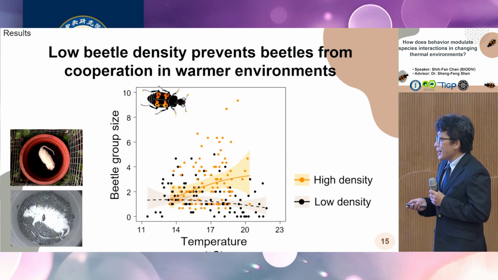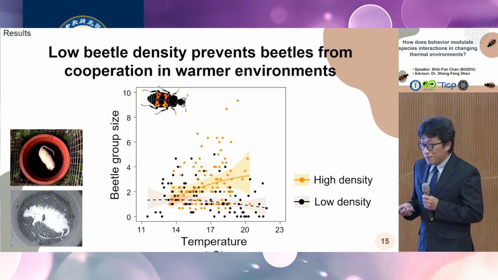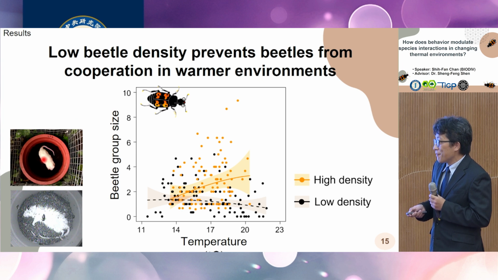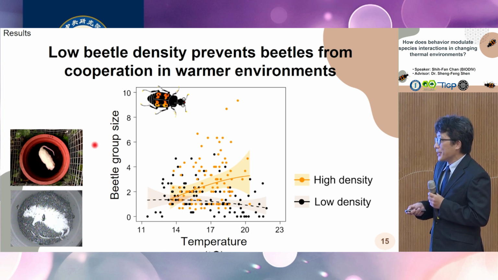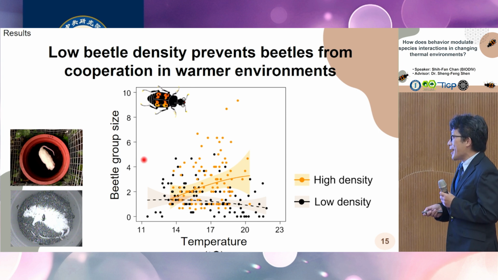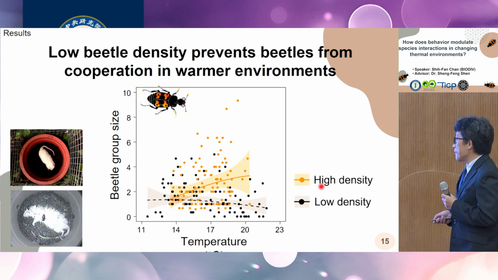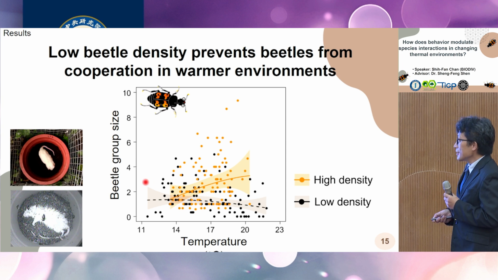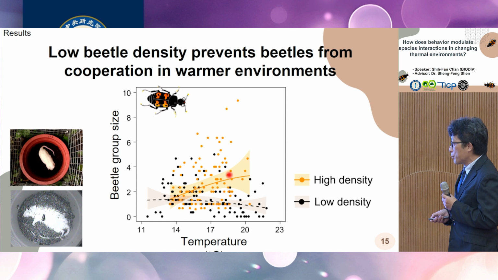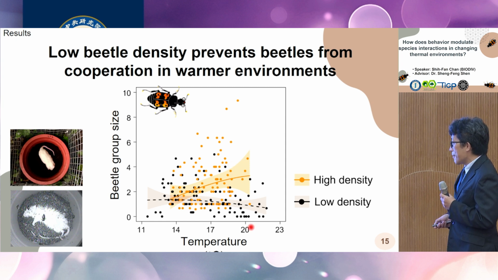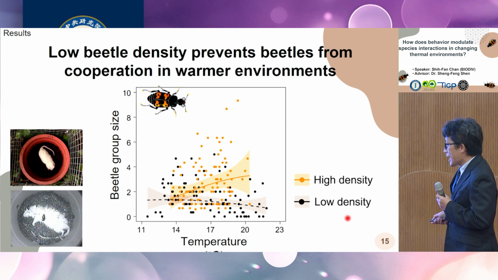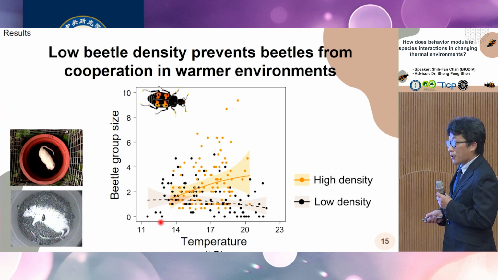Next, we conducted field breeding experiments for the burrowing beetles simply by providing carcasses of rats in the field and letting the wild beetles freely access the carcass and breed. We found that in high population density sites, the beetles tend to form larger cooperative groups in response to higher temperature. However, in low population density sites, the beetles just fail to cooperate.